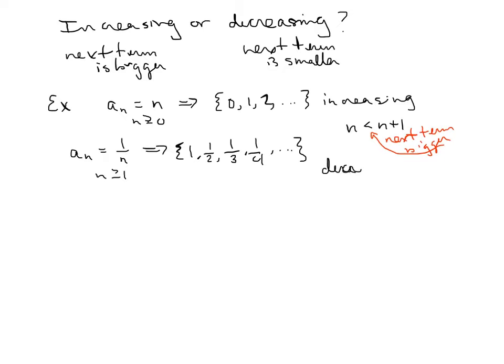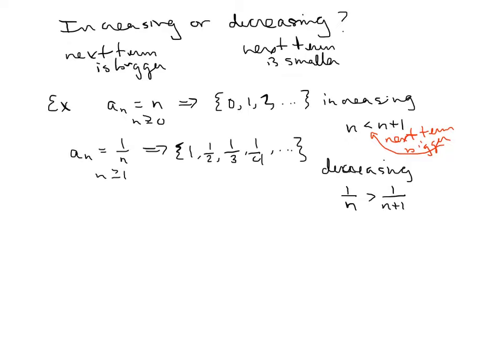We could show this in general, because the next term is the one where I plug in n plus 1 for n. That next term is smaller than the one before it, because if I have a bigger denominator, the whole thing is smaller.